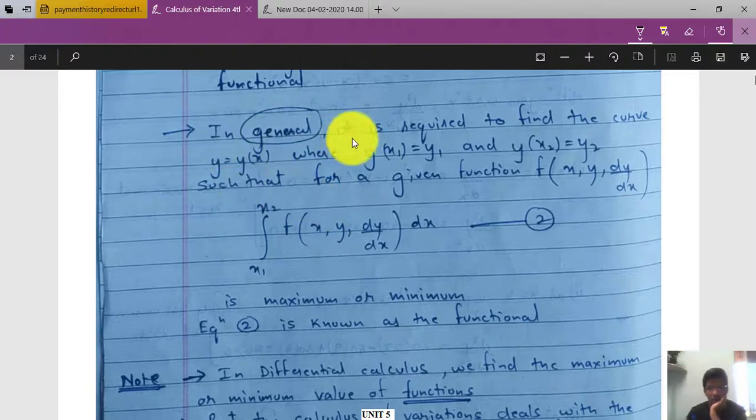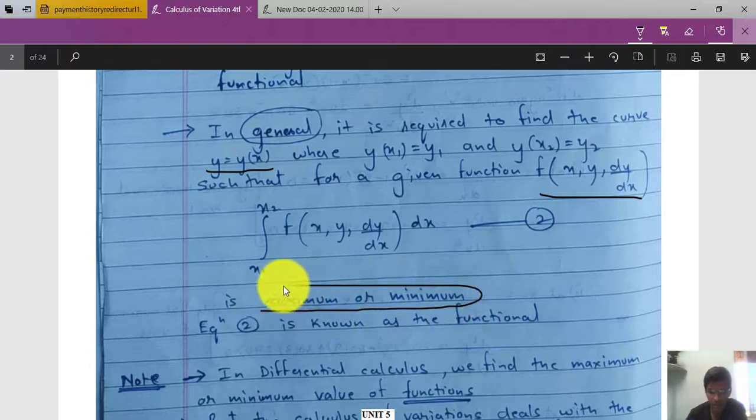In general it is required to find the curve y is equal to f of x, where y of x1 is equal to y1 and y of x2 is equal to y2, such that for a given function f, which contains the variables x, y and dy by dx, over the interval x1 to x2, the integral is a maxima or minima.